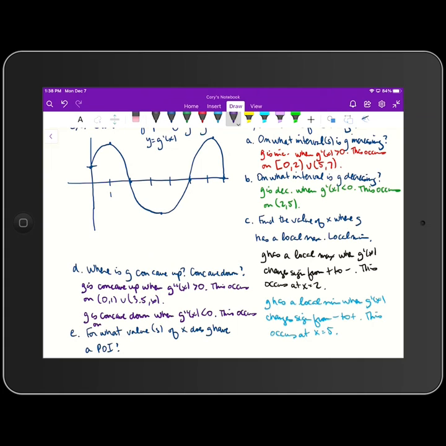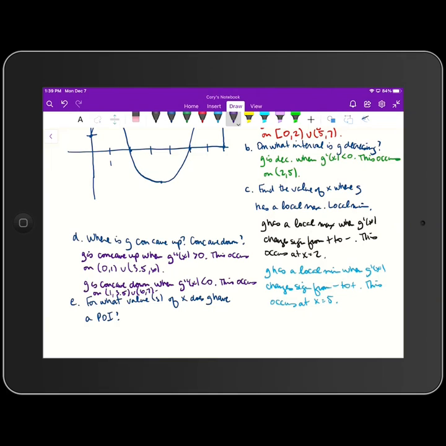Okay, and then G double prime is going to be less than 0 where the graph has a negative slope. So the graph has a negative slope on the interval from 1 to 3.5, union 6 to 7.